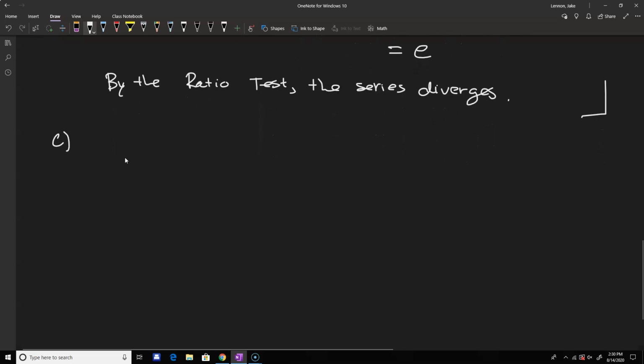So let's go ahead and look at C. Let's say we're looking at the infinite series of, let's say, -1 to the k plus 1, e to the negative k, which remember is just 1 over e to the k, times k squared plus 4. Again, with the ratio test, we're doing the limit of the absolute value of these ratios.